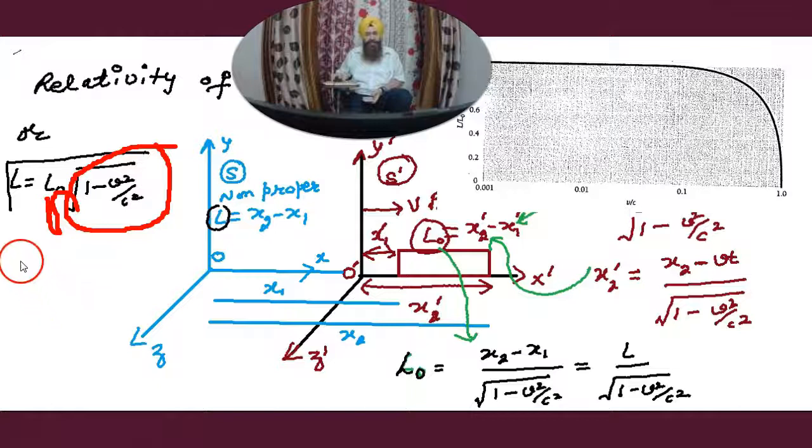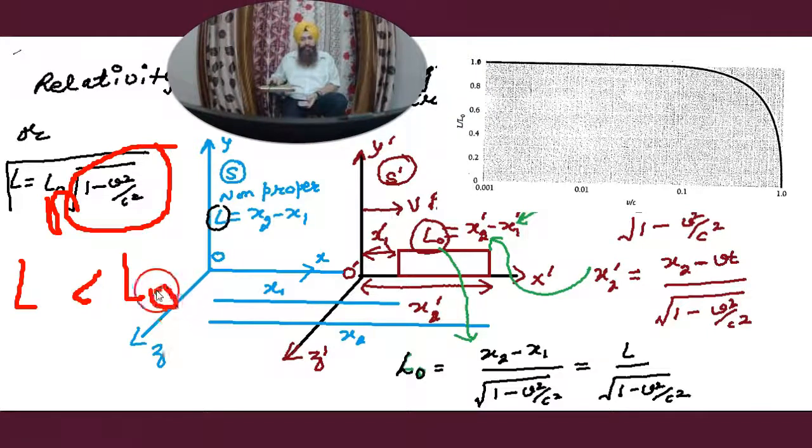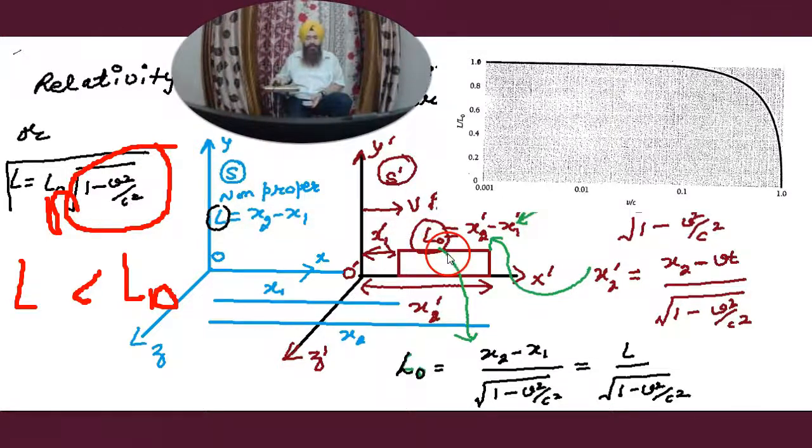If this is a fraction, then L will be less than L0. So when the observer outside the frame sees the rod, the length will be shorter. The length is contracted, so that's called length contraction.